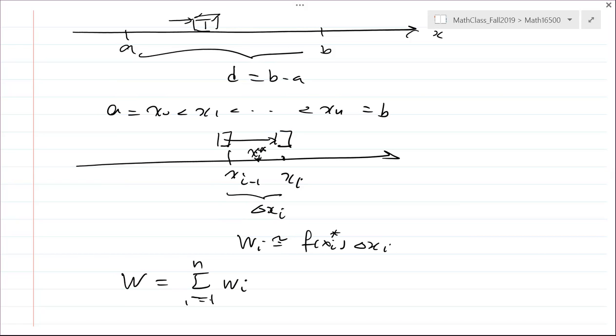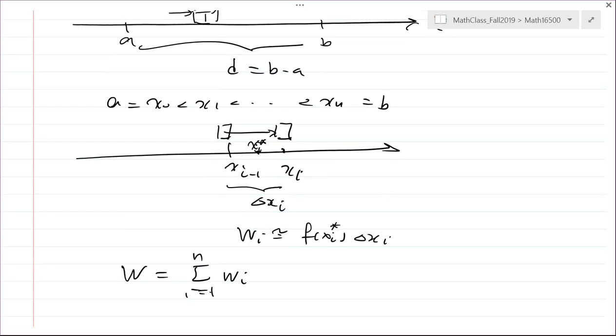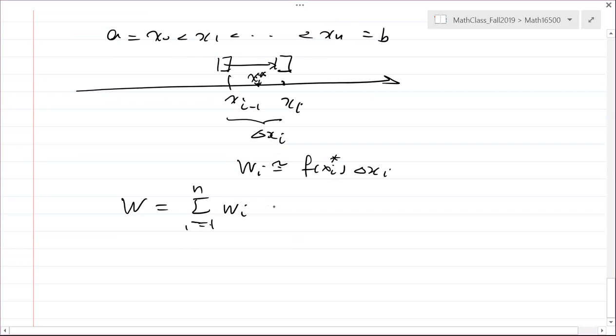Each step, the work done by pushing the box from this endpoint to the next endpoint is going to be the product of these. The interval length is exact, but this is an approximation because the force changes, though not too much. We can say it's almost equal to the force at that particular point, xi star. And what you get is exactly the Riemann sum of the function.